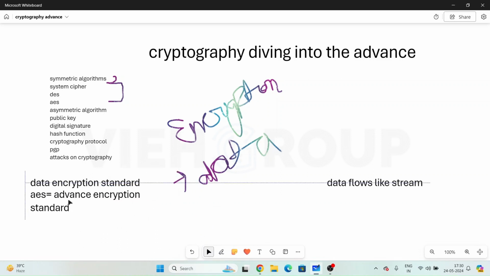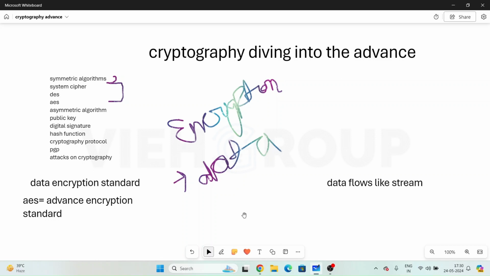Now, focus on my wording. The Advanced Encryption Standard, AES, is our current champion. Multiple rounds of substitution and permutation make it incredibly tough to crack. It is really tough to crack in comparison to DES. DES is not secure. AES is a secure platform.